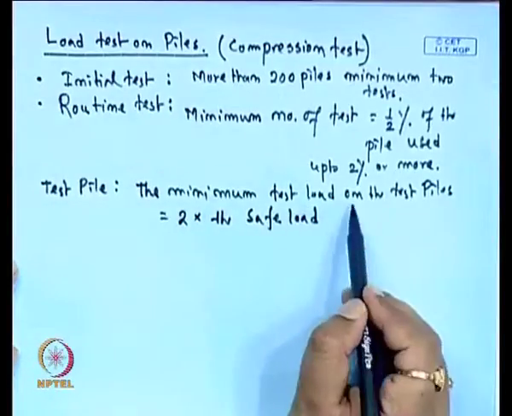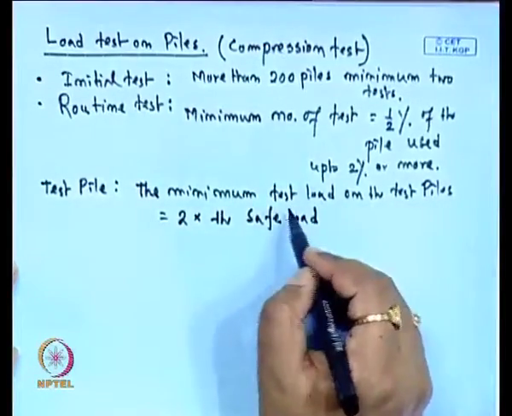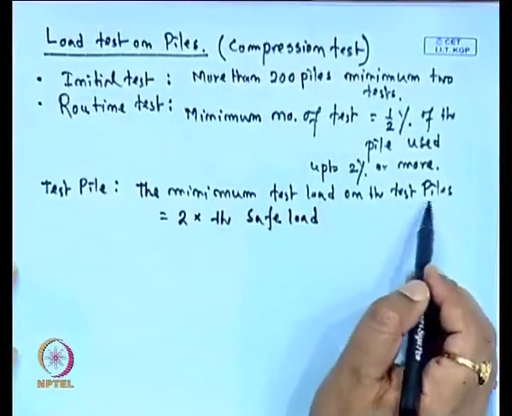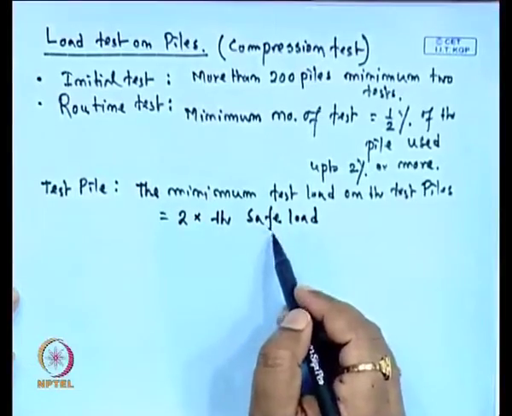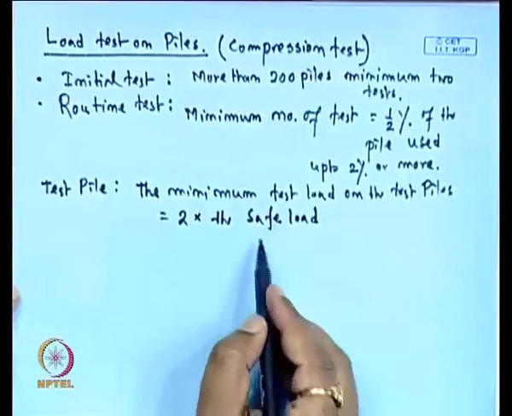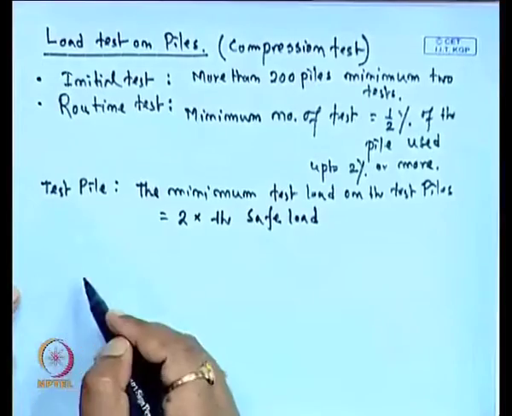The minimum test load on the test pile is 2 times the safe load. This safe load we can determine by using the static expression that I have already explained.